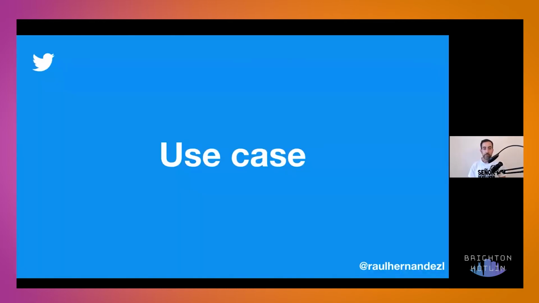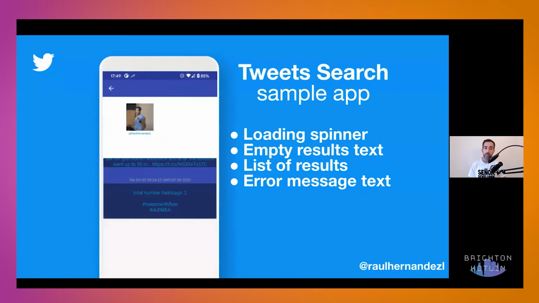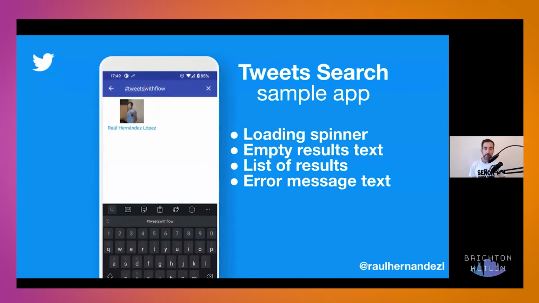But let's see, first of all, this use case, which is a sample app with a search engine from the Twitter API. As you can see, I have a few states for the UI, which starts with a loading spinner and some list of results. The user starts typing any query of interest.